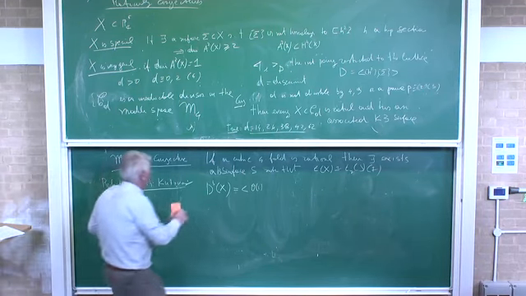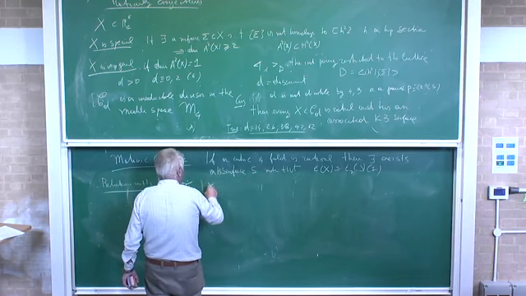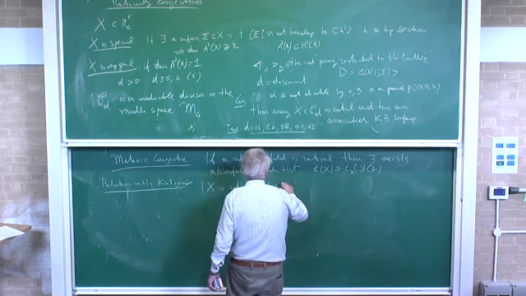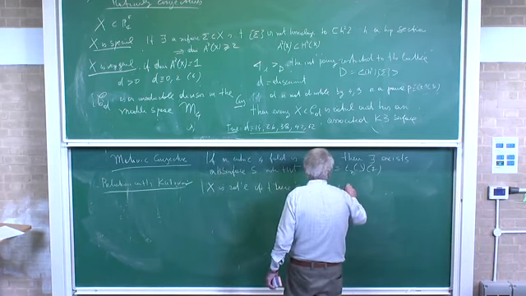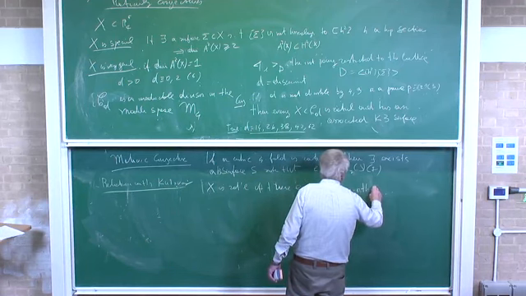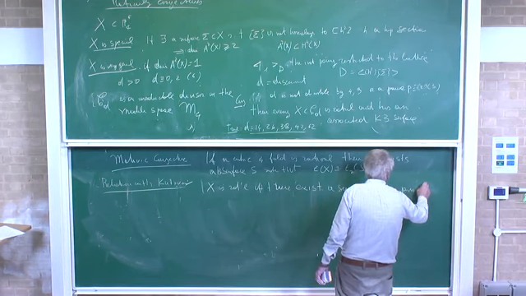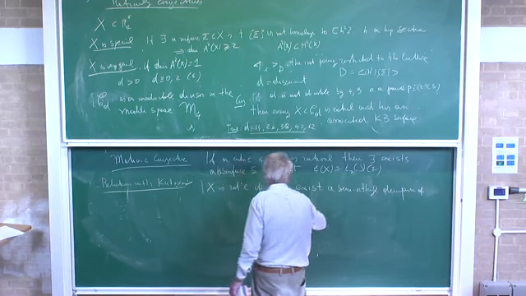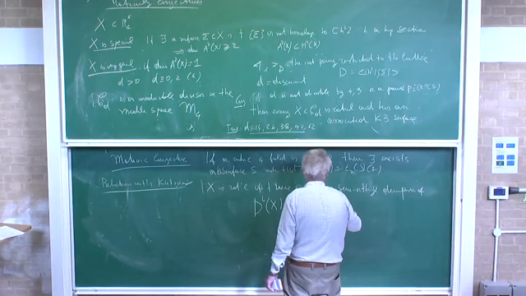Let's put this in the right way. So it says X is rational if there exists a semi-orthogonal decomposition of the derived category, which is given by A_X, then O, O(1) and O(2).